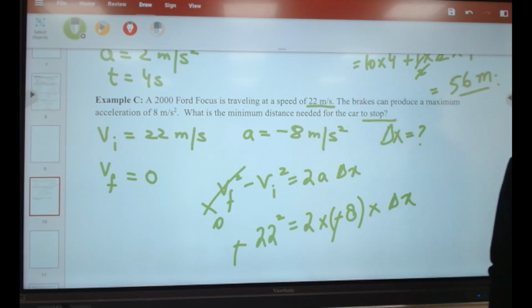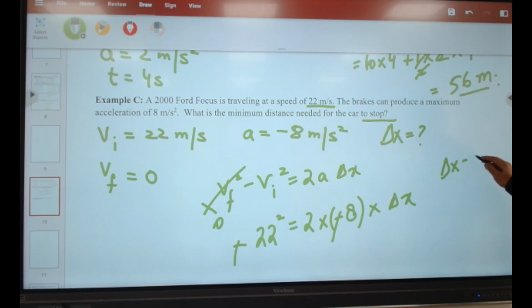And upon 8 as well. 22 squared is 484. 484 divided by 2 is 242. 242 divided by 8, that is the final result. So the final result is 30.25.